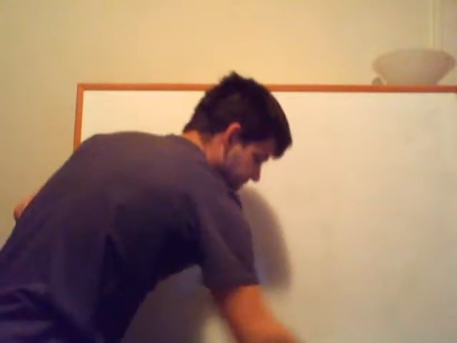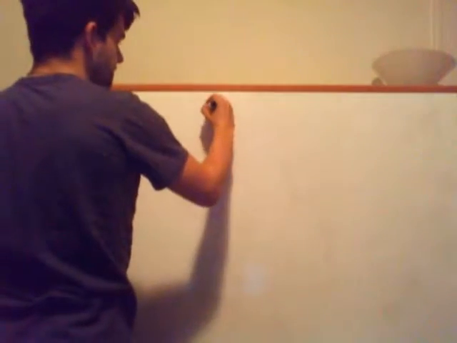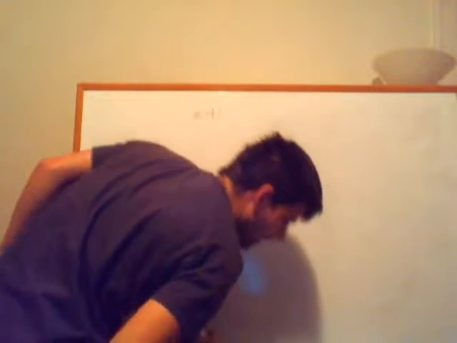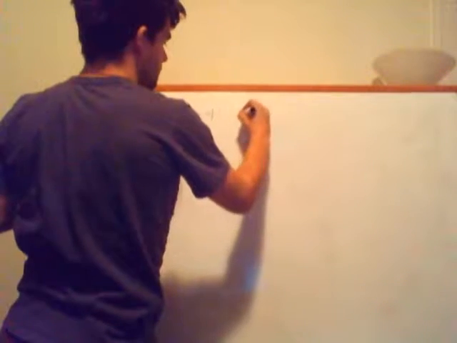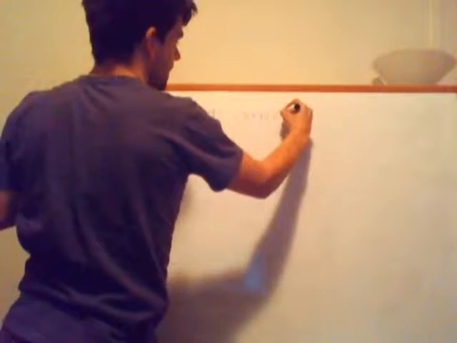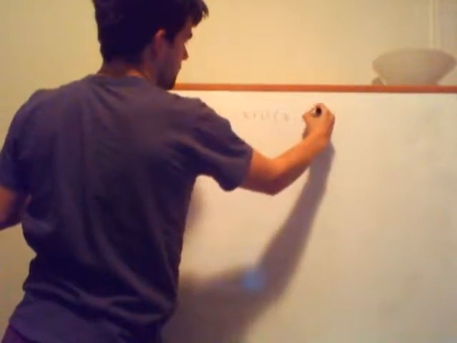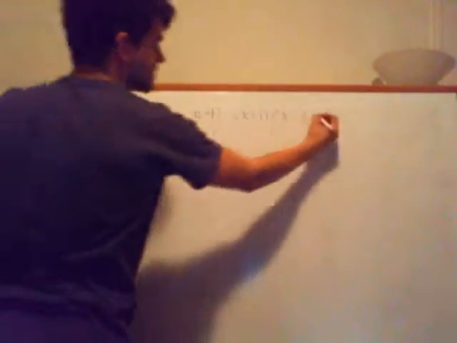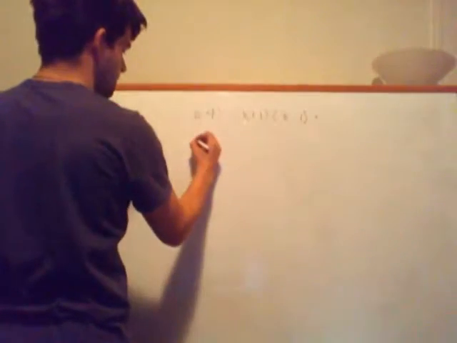So the next question, question number 4, states x plus 1 times the quantity x plus 1 times the quantity x minus 1. Now, your possible answers, they just want to see what it's directly equal to.